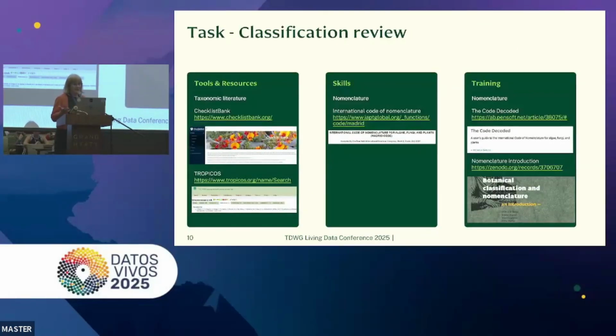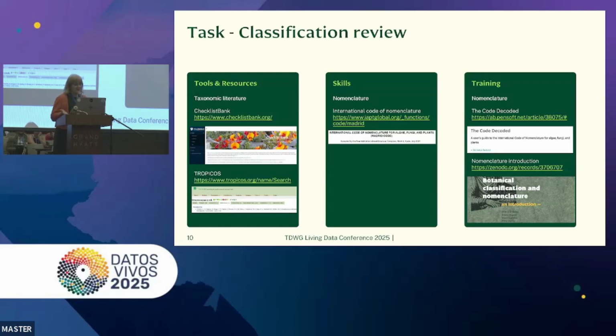So one of the tasks is the classification review. When you're looking to curate your collection, one of the things you need to do is look and see what classification you're going to follow. This task is going to be reviewing available literature and taxonomic resources to identify most recent monographs and revisions.